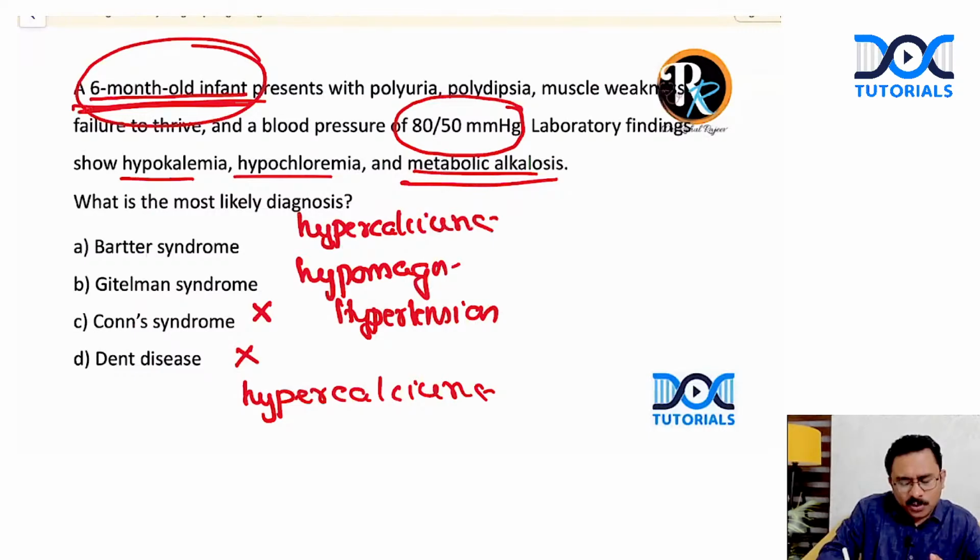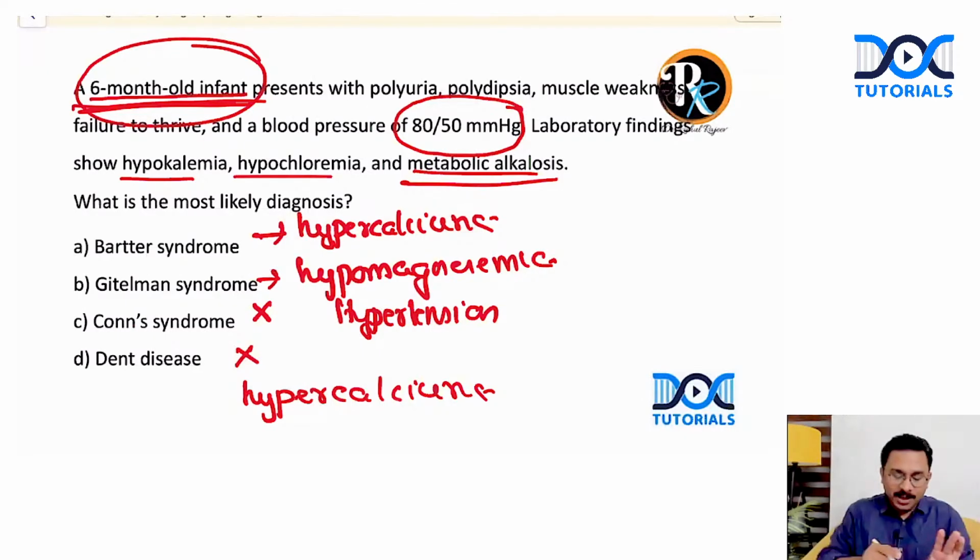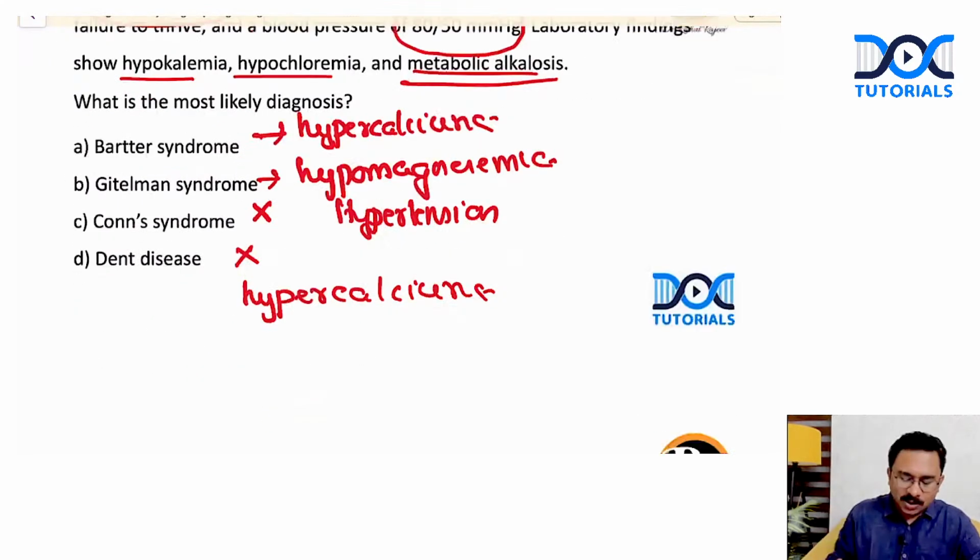But students told me, no, sir, that was not there. Because if it was there, it would have been a lot easier, because hypercalciuria means Bartter, hypomagnesemia means Gitelman. The other features will overlap. But here, since the age is 6 months, it is more likely to be Bartter syndrome than Gitelman syndrome. Okay, and yes, the patient can have features of failure to thrive as well. Okay, right. So I hope that is also clear.